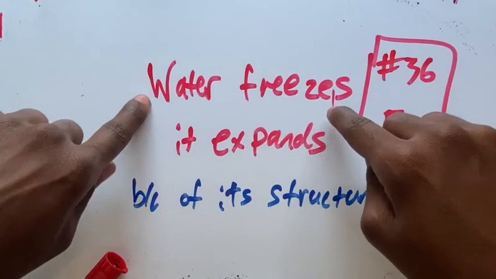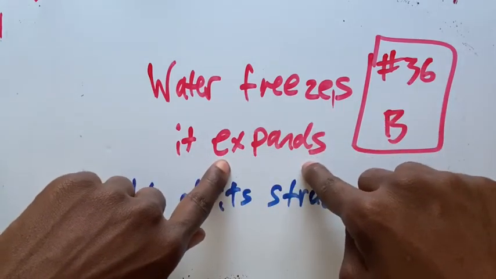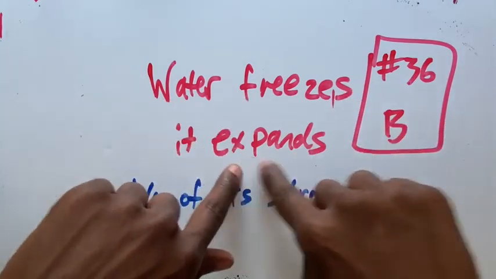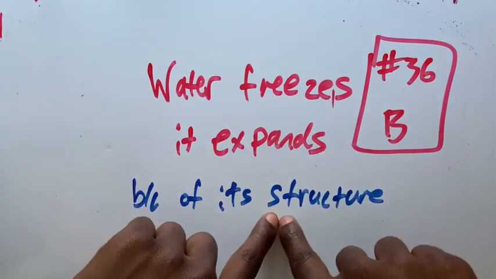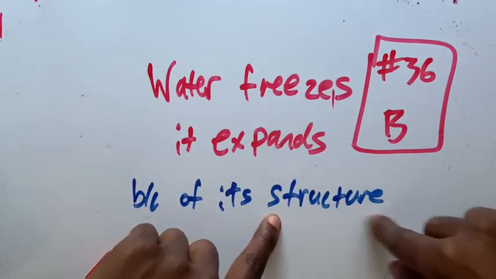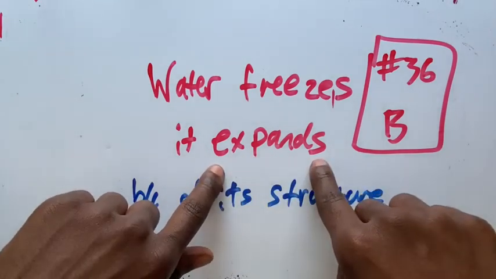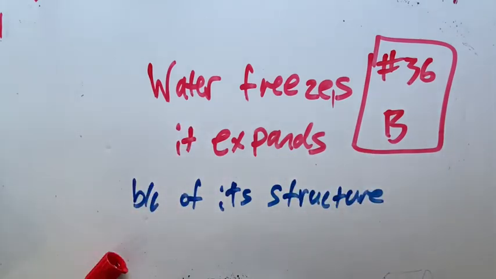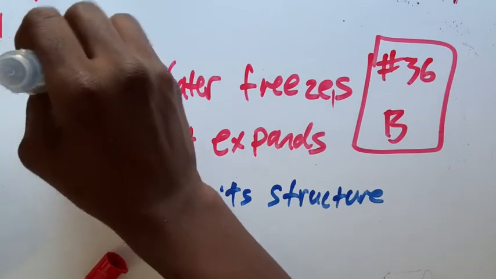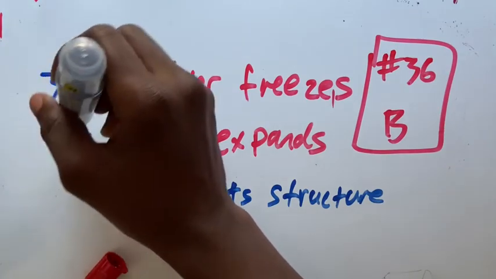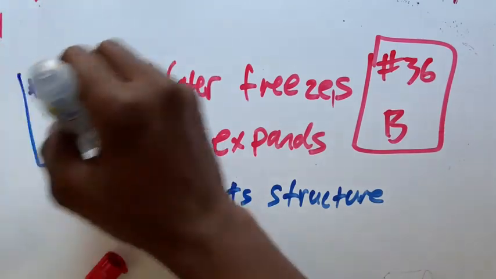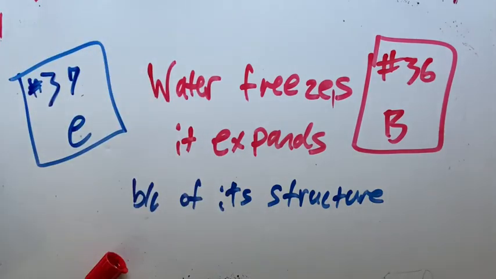When water freezes, it expands, and it expands because of its structure, and also because it expands, it becomes less dense. So 37 is going to be E.